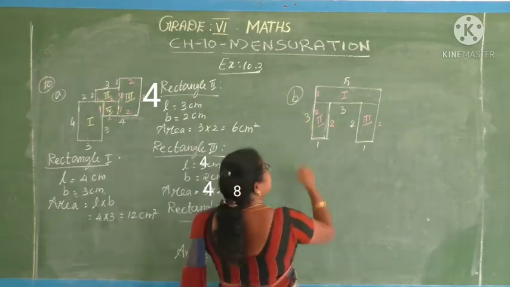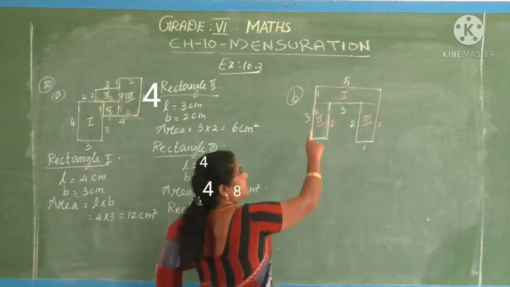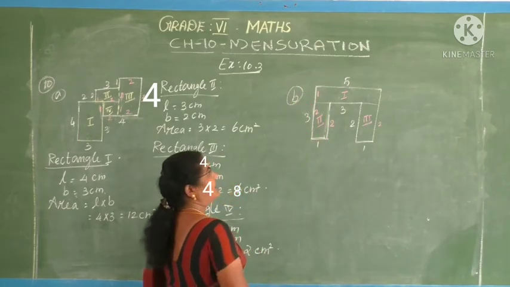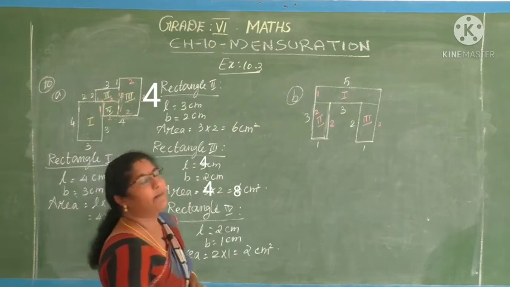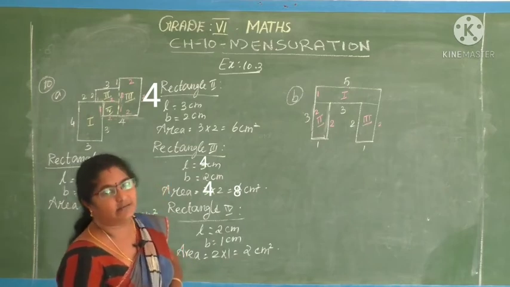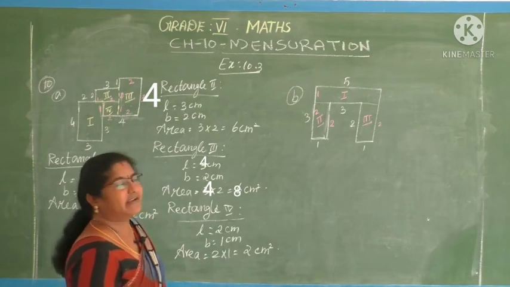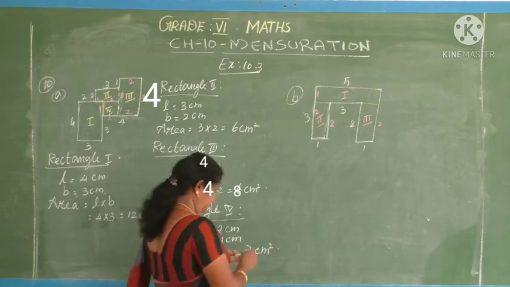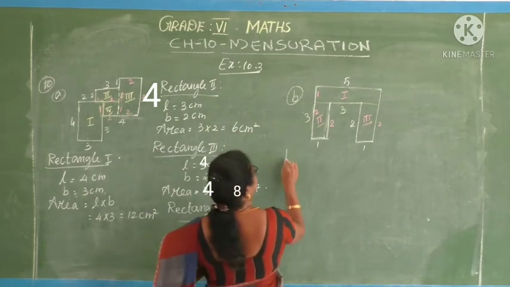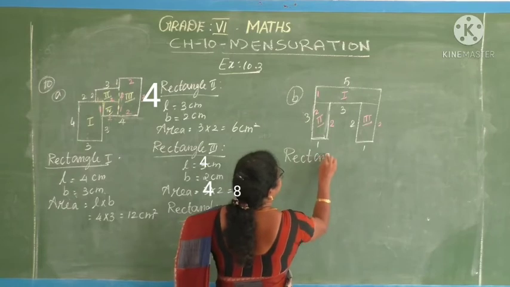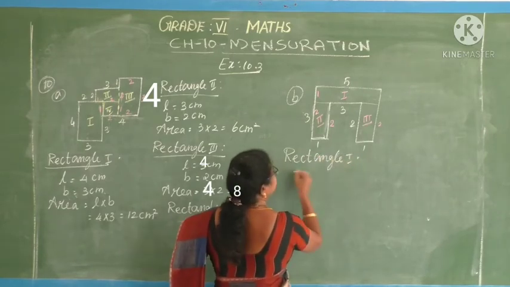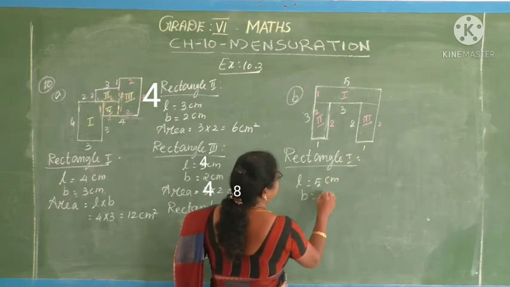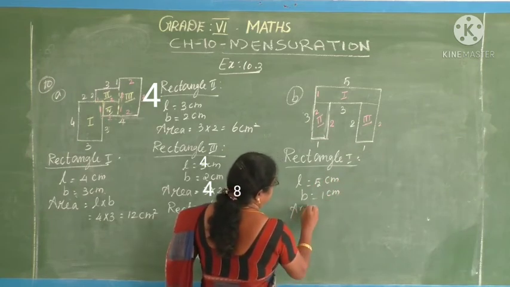The total distance is 3 centimeter. This distance is 2 centimeter. So the remaining one is 1 centimeter. So length of rectangle 1 is 5, breadth of rectangle 1 is 1 centimeter. So can we find out the area of rectangle 1, 2, 3? See, for rectangle 1, length equal to 5 centimeter, breadth equal to 1 centimeter, find the area.